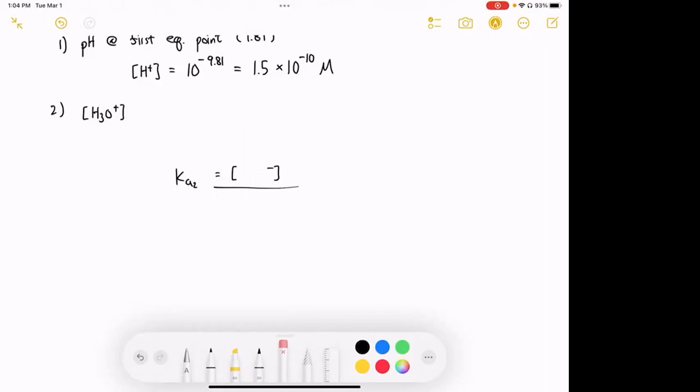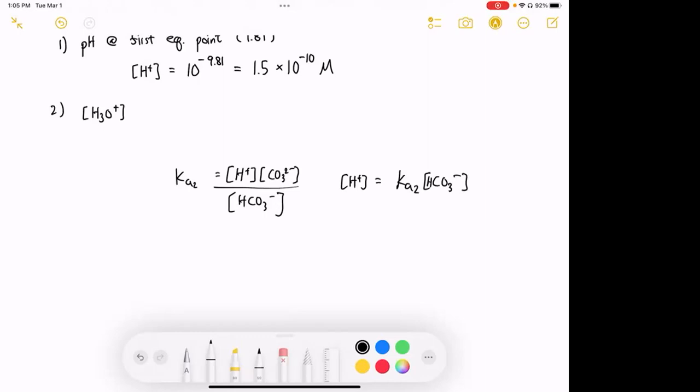Sorry about that. The product here is H plus of Ka2 and CO3 2 minus equals HCO3 minus. Okay. So to solve for H plus would be equal to Ka2 times HCO3 minus. Okay, so that's how we get the first equation in this complicated expression here.